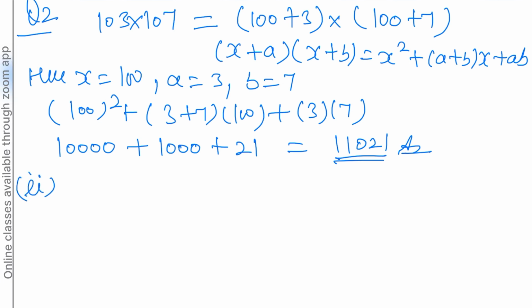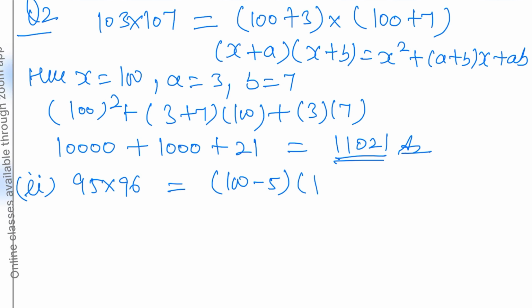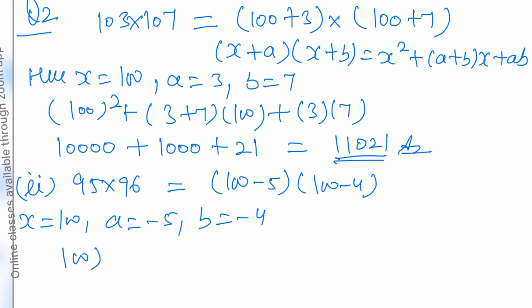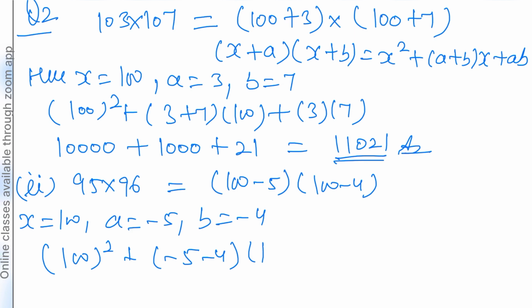Like we have the second part, 95 into 96. So we can write it as (100 minus 5) into (100 minus 4). Again applying the same identity, here x is equal to 100, a is equal to minus 5 and b is equal to minus 4. So 100 square plus (minus 5 minus 4) into 100 plus ab, so it means minus 5 into minus 4.